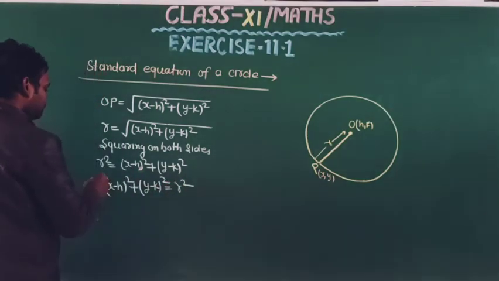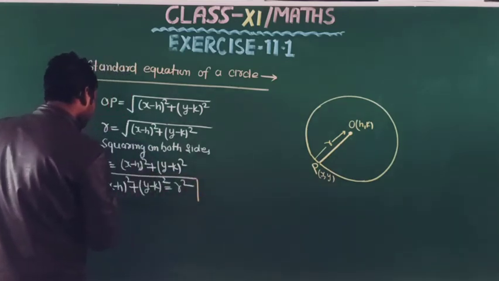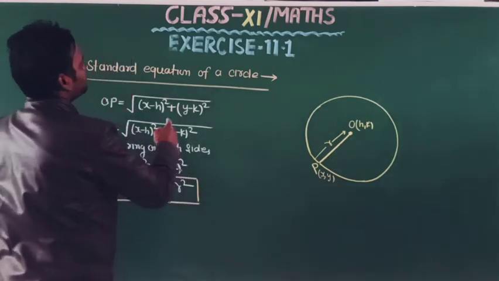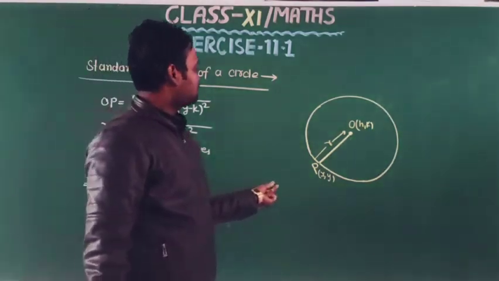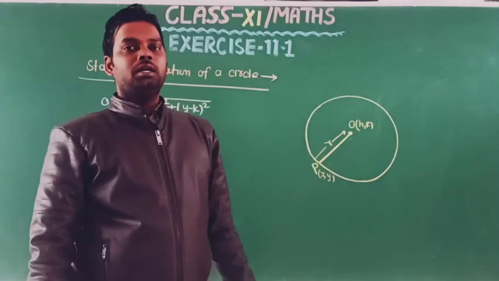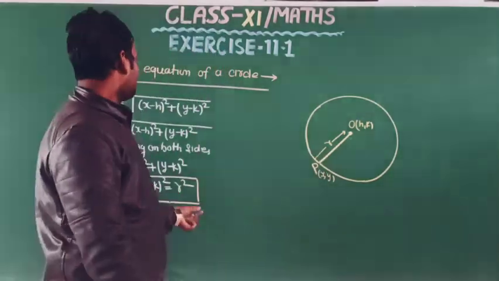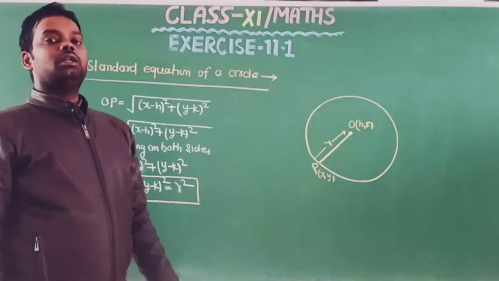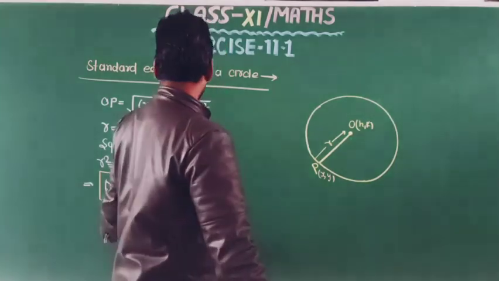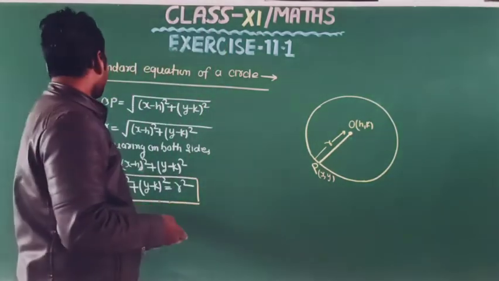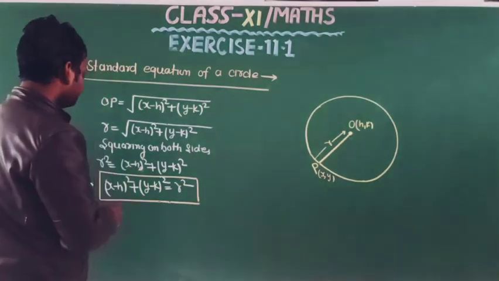So this is the standard equation of a circle having center h comma k with radius r.